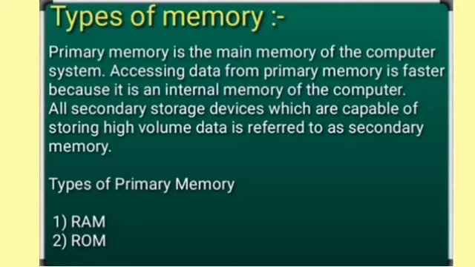Now accessing the data from primary memory is really faster as compared to the external memory because it is the internal memory of the computer. It is attached internally inside the CPU, so it is very fast as compared to the other memory.